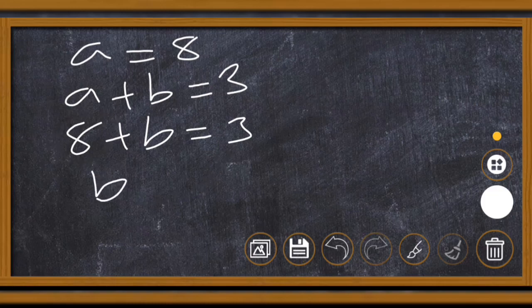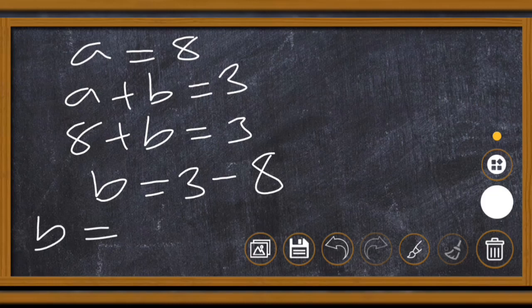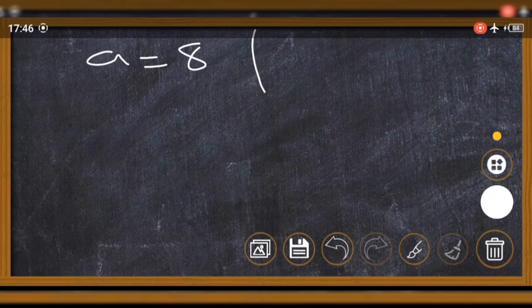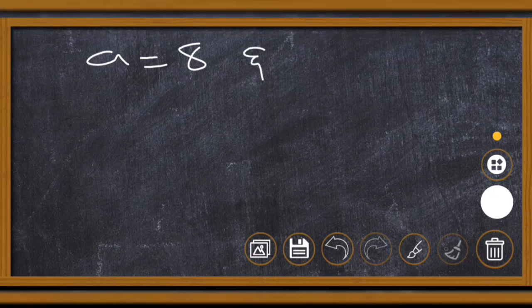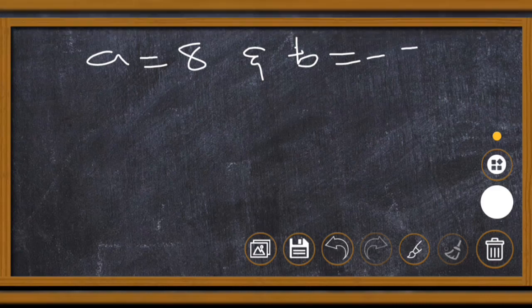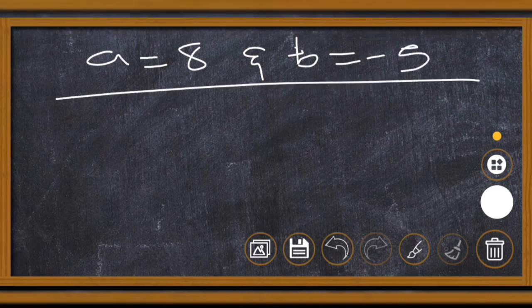So b equals 3 minus 8, and we are going to have negative 5. So our value of a is equal to 8, and our value of b is equal to negative 5. Then it means you have solved.